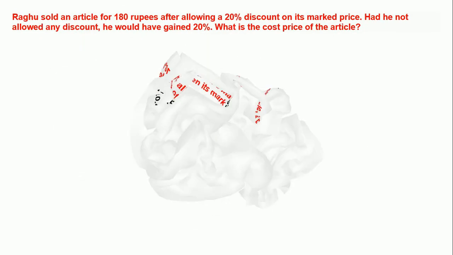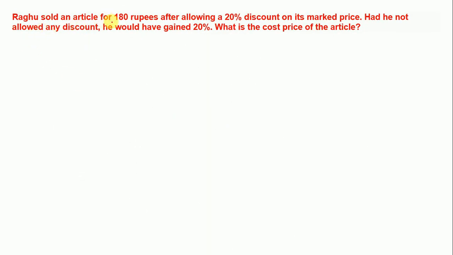Now next one. Raghu sold an article for 180 rupees after allowing a discount of 20% on its market price. Had he not allowed any discount, he would have gained 20%. What is the cost price of the article? And these are your options.